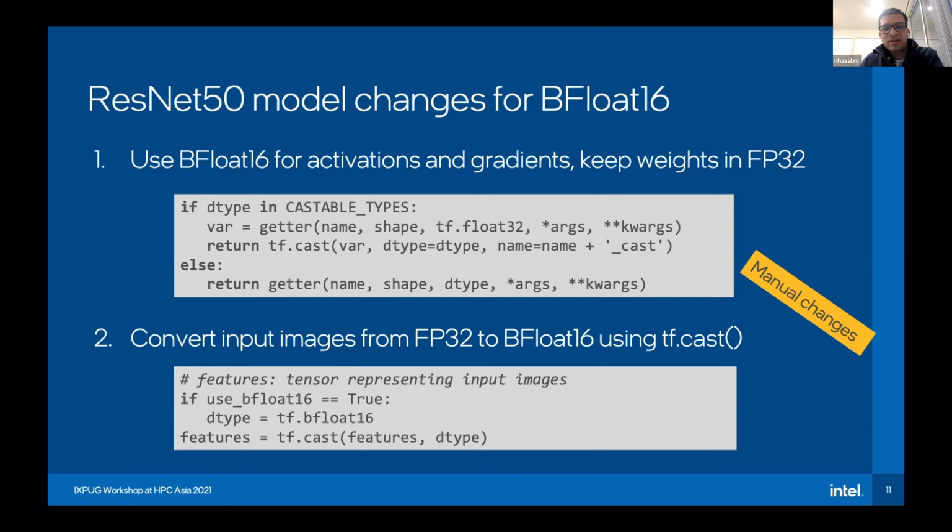So by using tf.cast again, we converted those images into BFloat16 type. And then TensorFlow uses type propagation on the model. So once the input to the model is converted into BFloat16 type, all the subsequent layers or operators in that model operate in the BFloat16 type also. So these were the manual changes that we did.